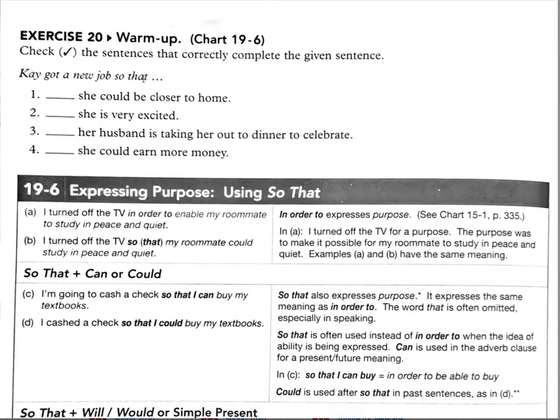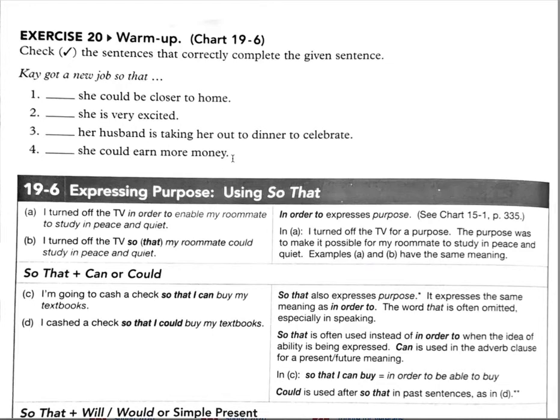Why did she get a new job? So that what? What do you think? Number 1, so that she could be closer to home. Number 2, Kay got a new job so that she is very excited. Number 3, Kay got a new job so that her husband is taking her out to dinner to celebrate. And number 4, Kay got a new job so that she could earn more money.